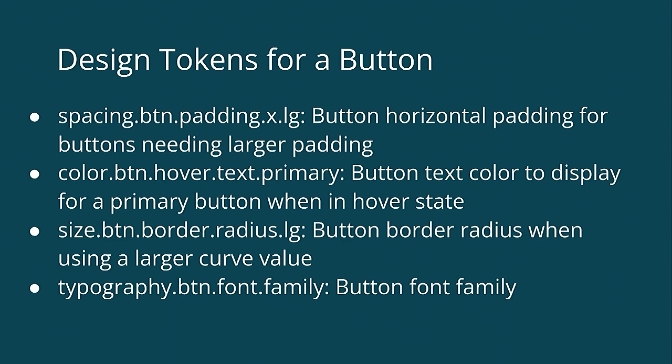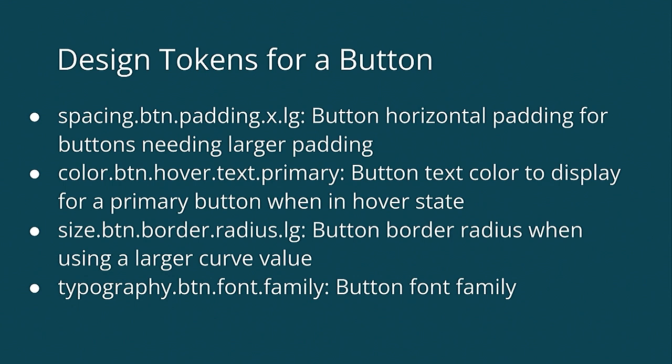So here's an example. What makes up the design of a button? You have the color of the text, the color of the background, the font, the style of the border, the color of the border, maybe the thickness of the border. Maybe there's a shadow element.